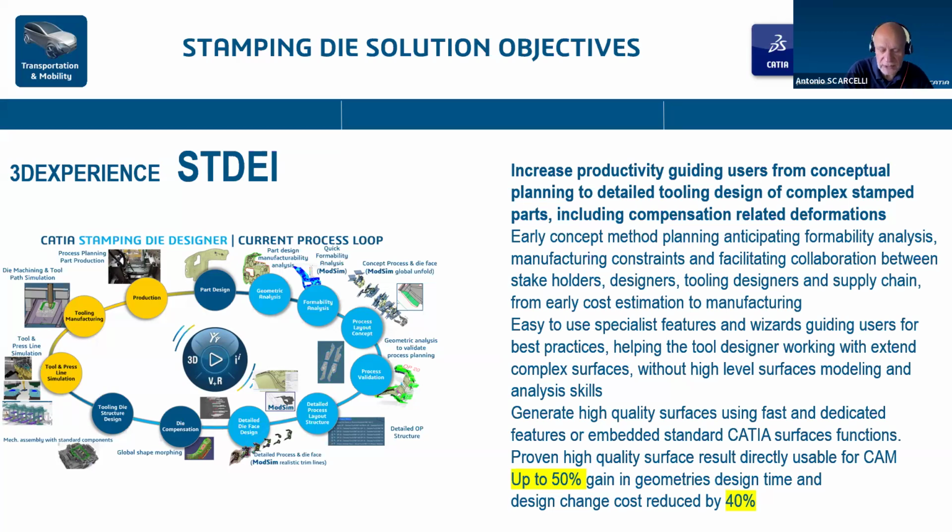One important thing also is that there is a specific function, as I told you, this is one of our main drivers. There is a specific capability to help us to manage the design change. Based on that, they were able to reduce by 40% their time and their cost for any design change. So this is very important.